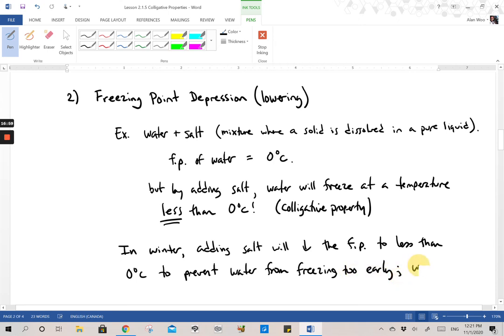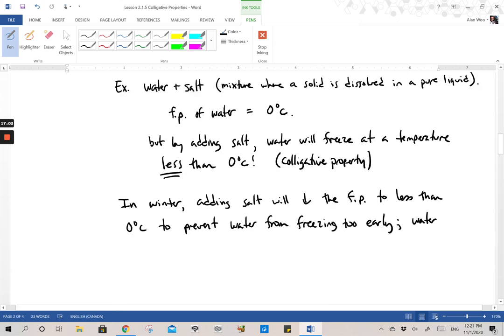The water mixture can only freeze at lower temperatures now.